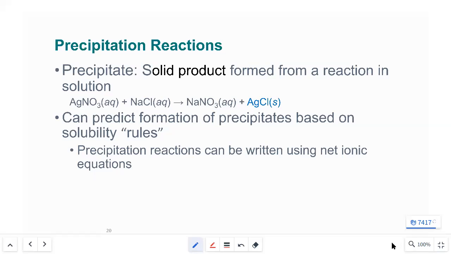That solid is called a precipitate. Now, if we don't do the reactions themselves, we can still predict precipitation using our solubility rules. Because our solubility rules would tell us, okay, that compound should be soluble, that compound should be soluble, this one should be insoluble. That must be the precipitate.